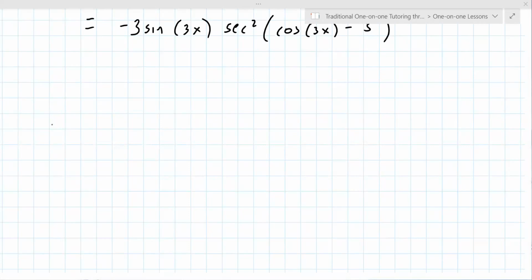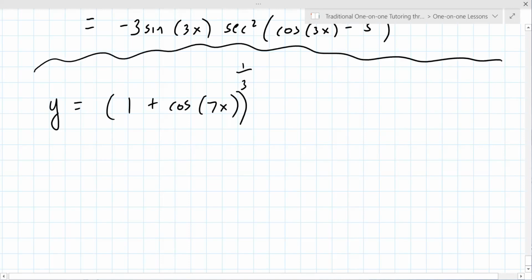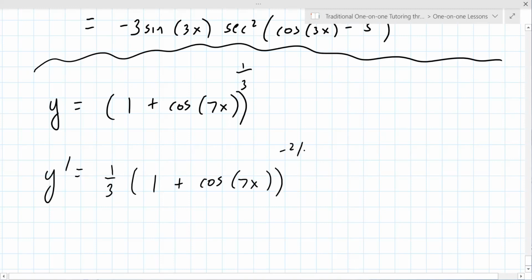Let me make one more up here, and then we'll just do it real quick. It's a variation on one of the other ones in your worksheet. Well, actually, this is what your instructor gave you. Actually, let's do it to the 1/3 power. Bring the 1/3 out in front. That's right. And then it's 1 plus cosine 7x.